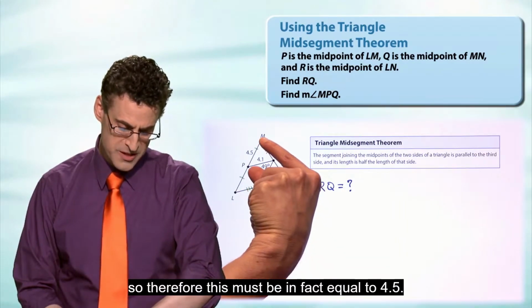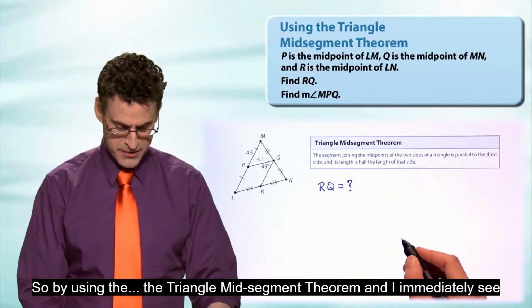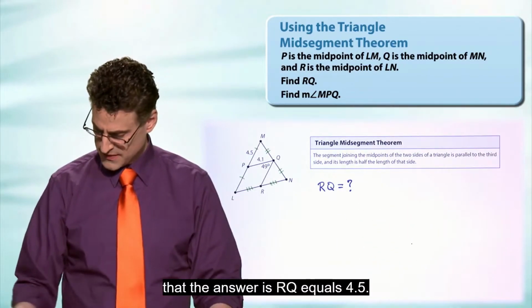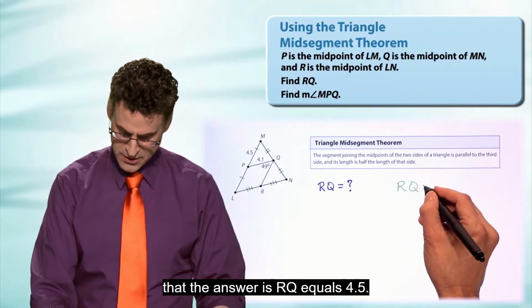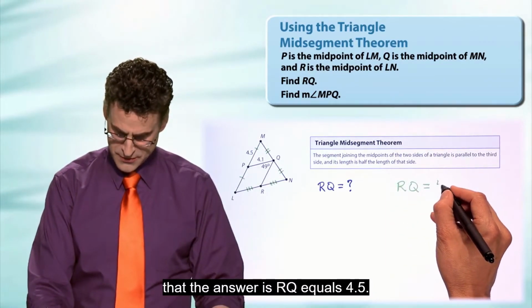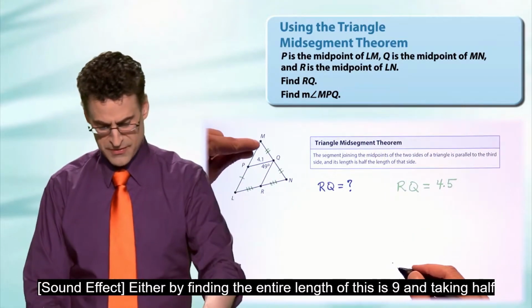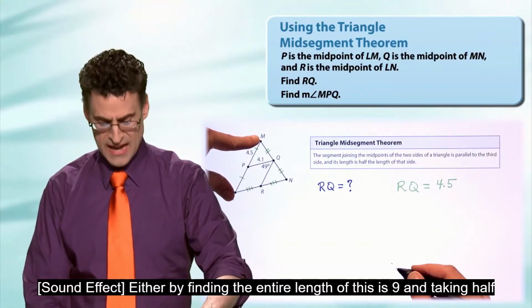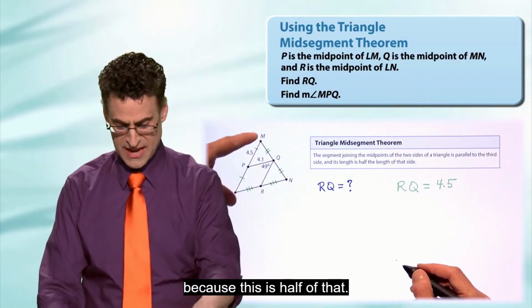So therefore, this must be, in fact, equal to 4.5. So I'm using the triangle mid-segment theorem, and I immediately see that the answer is RQ equals 4.5. Either by finding the entire length of this is 9 and taking half, or realizing this is already half of that length, which is equal to that length, because this is half of that.